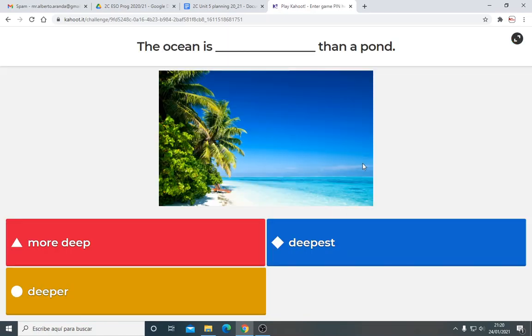Okay, here we have comparatives. So these are comparatives because we've got than. So the ocean, deep, one syllable, therefore it doesn't take more, it takes ER. It's a comparative, not a superlative, so no T, ER, and one syllable, so no more. We add ER.